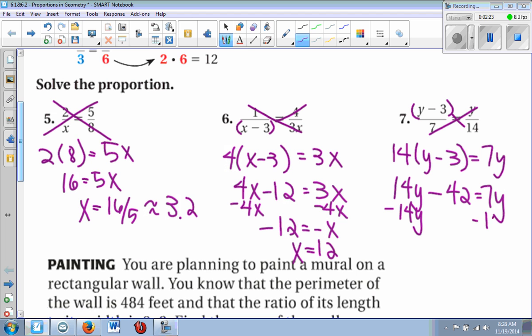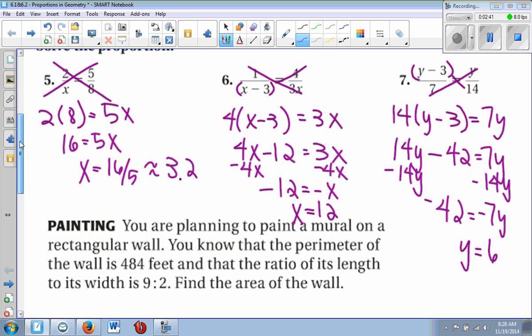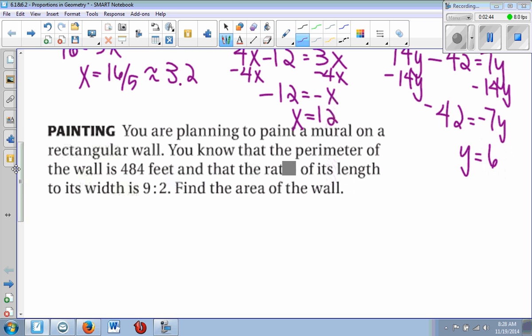So I'm going to subtract 14y. Negative 42 equals negative 7y. And in order to solve for y, we would divide, and we get a value of 6. So that's just a quick review of proportions from Algebra 1. You cross multiply, and you have an equation to solve. Very, very simple. If you need more practice on that, let me know, and I can give you some extra proportion problems.